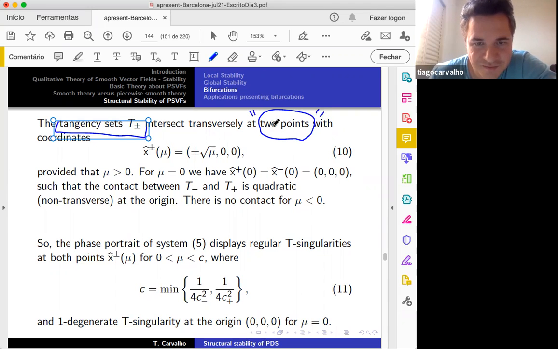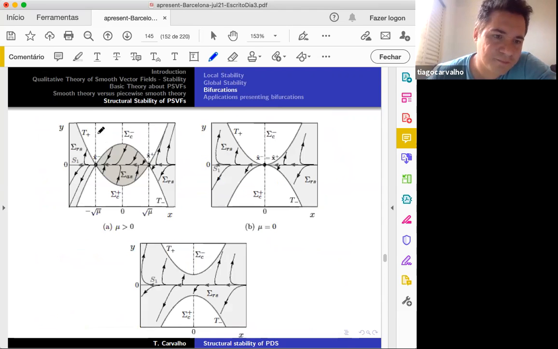This is not true for all m, but for m positive, this is true. Generically these tangent sets meet each other in two points.